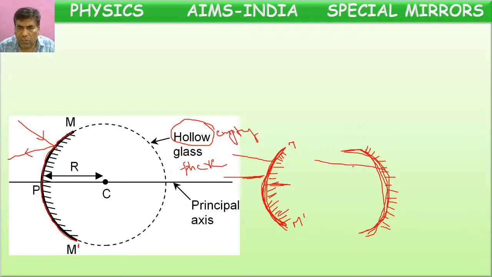If light falls on the inner part, then it will be reflected back or reflect in another way based on conditions. Here the surface curved inwards is acting like a reflecting surface, so we call it a concave mirror.